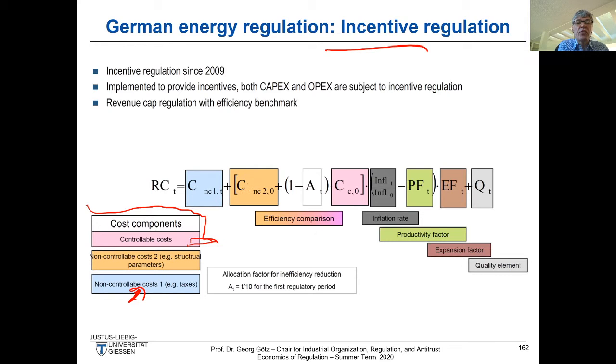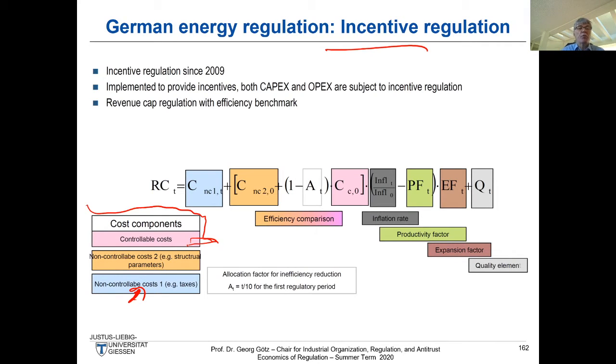If you think in terms of German distribution network operators, there are about 800 of them in Germany, because many municipalities run their own electricity distribution, local distribution network. And then they compare them. So this would be yardstick competition or benchmarking, and we will discuss that a little bit later.